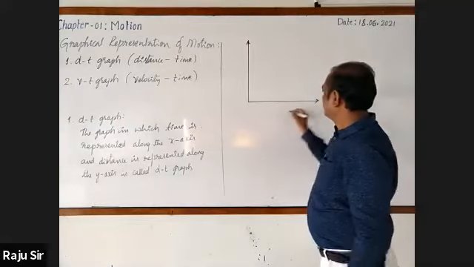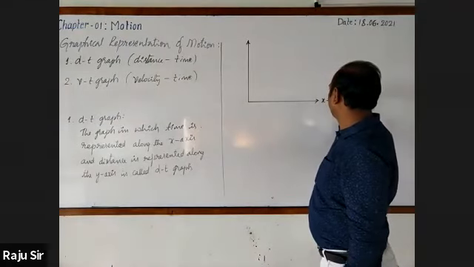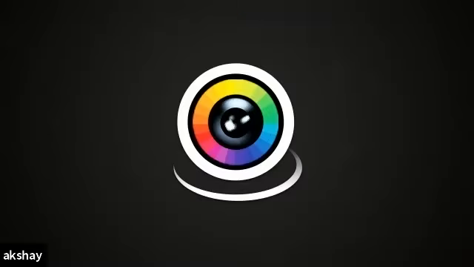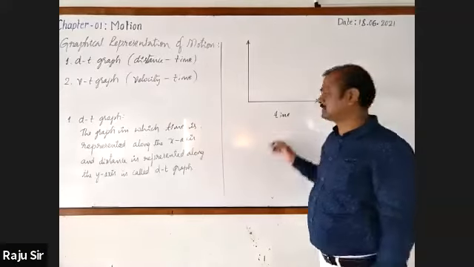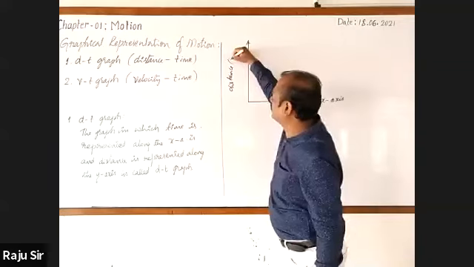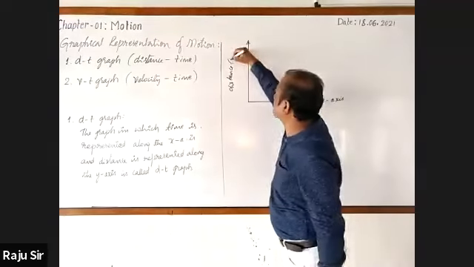Here, along the x-axis, we have to take time. It may be in seconds. Usually we take SI units. And distance is to be taken in meters.